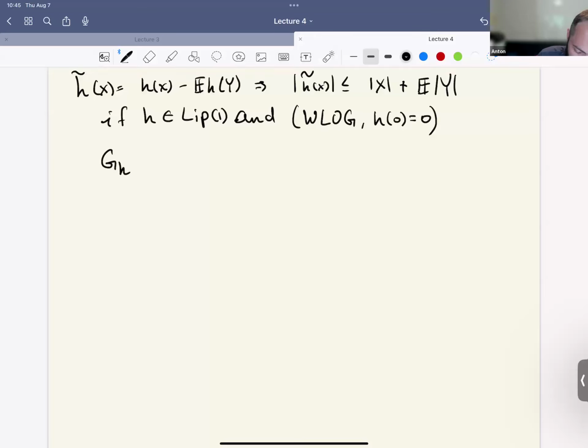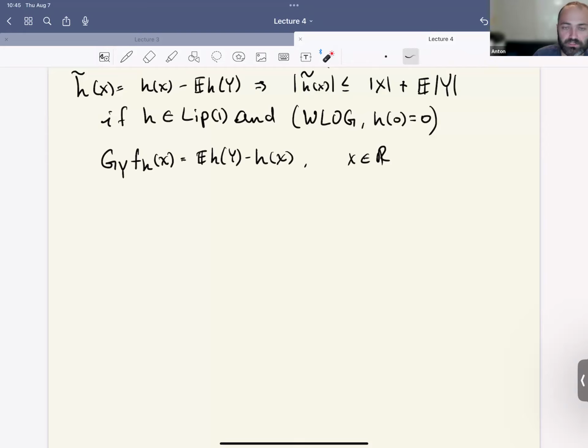But why can the second claim be made without loss of generality? Expected value h of y minus h of x, x in R. Well, if h of 0 is not 0, I can just recenter it, right?